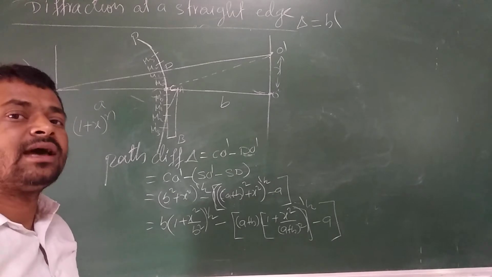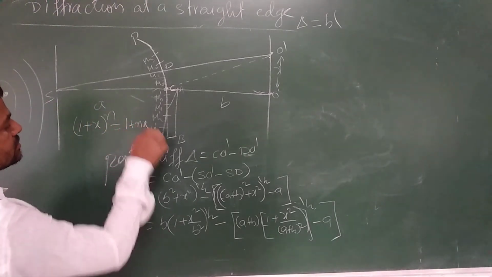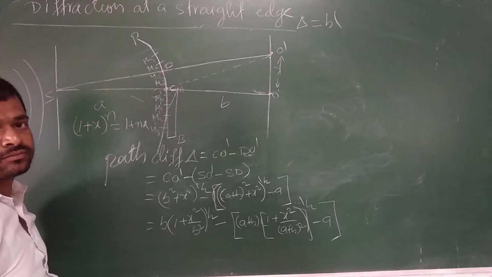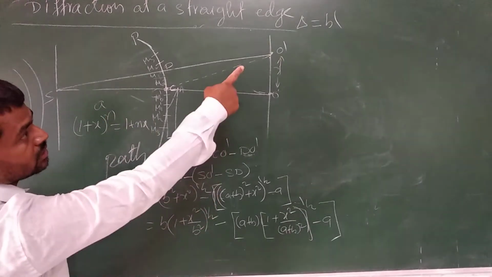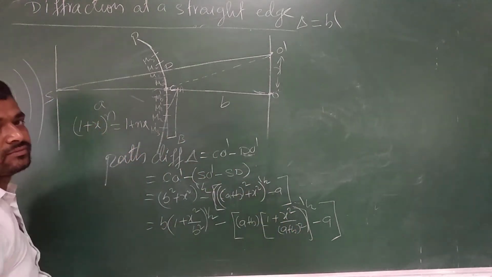According to binomial expansion, it can be written as 1 plus nx. Simply bring it and multiply here. Now we have to write this in this manner and this is also in this manner.